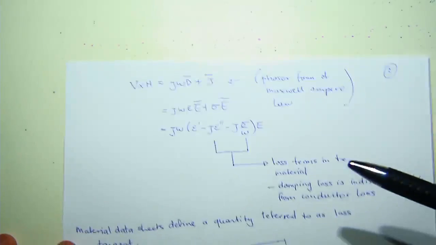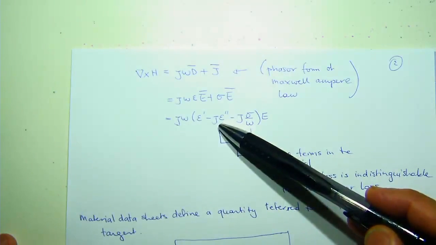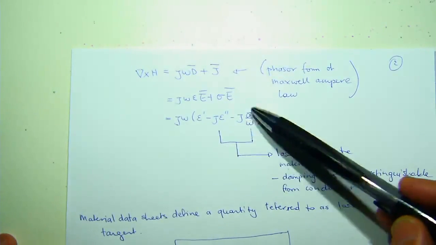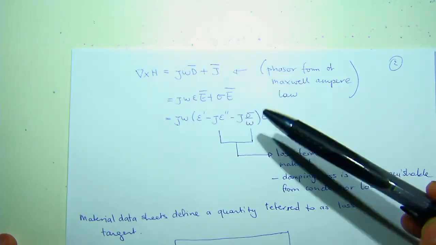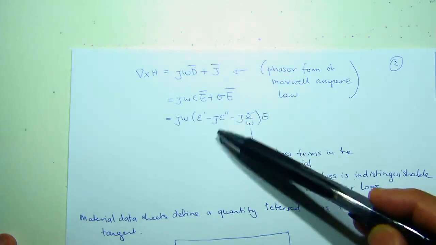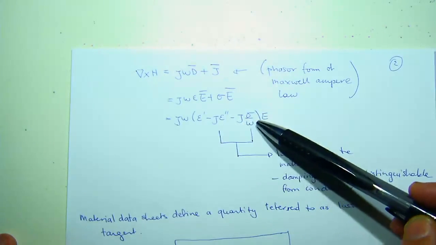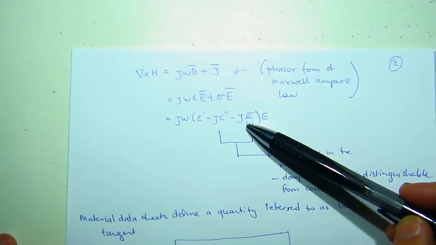And the other thing is that the loss in the dielectric is indistinguishable, because it's, again, an imaginary component, so you've got epsilon double dash minus sigma on omega, and they're both imaginary. So you've got the loss in the dielectric is indistinguishable from the loss in the conductor itself.